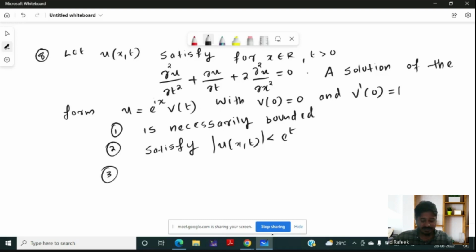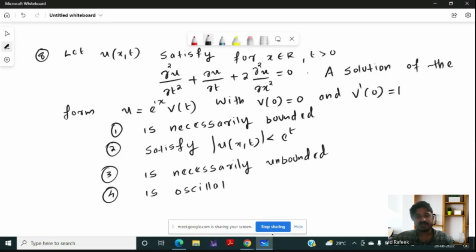Option 3: u is necessarily unbounded. Option 4: u is oscillatory in x.